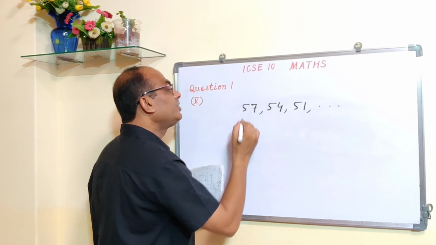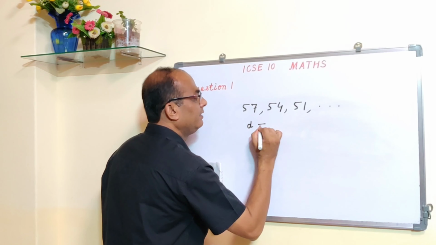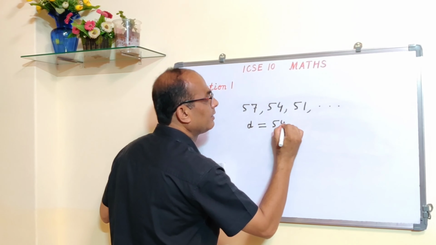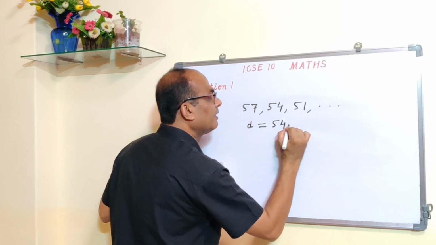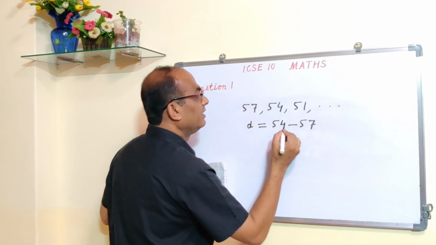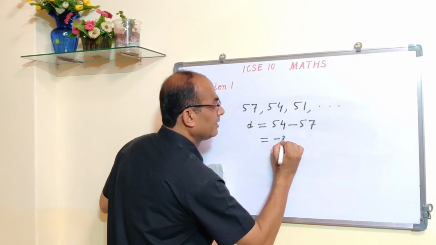So d will be how much? d will be 54 minus 57, and this gives you minus 3.